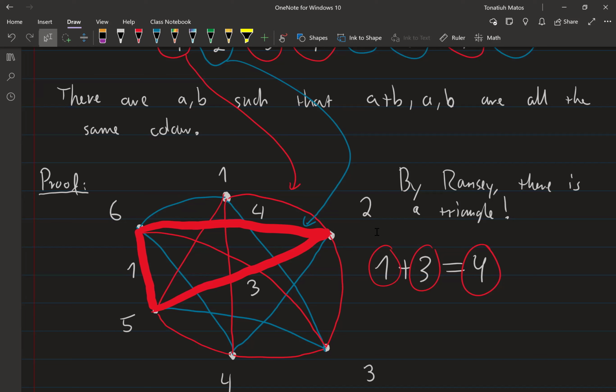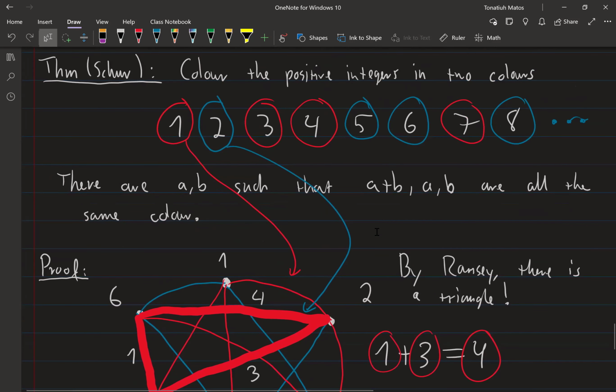So there are generalizations to this that go way beyond what I just did now. You could add more colors. You could have more complicated operations, not sum, but maybe multiplication, or maybe a combination of multiplication and addition, or something like that. More colors, more numbers, right?